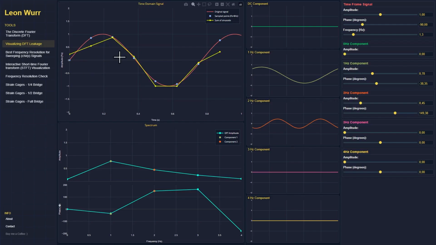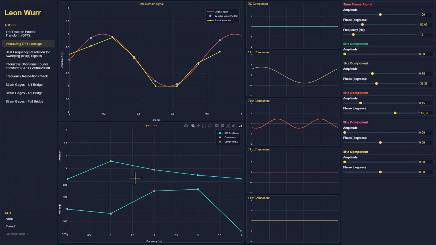And this is where it became clear to me, doing this exercise, why leakage happens. You can try all you want to describe the original signal by the 1 Hz and 2 Hz components, but you will never get a perfect match between all of these samples. When you use a non-periodic signal as an input to a DFT, it will still work, it will still produce a spectrum for you, but you are violating the assumption that the signal you are inputting into your DFT is periodic, and that's why you have this leakage.